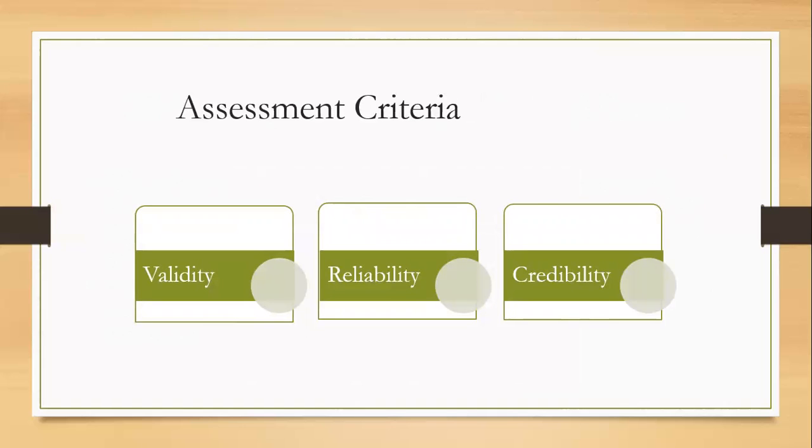So in assessing the article, I utilized three prongs: validity, reliability, and credibility. Validity itself refers to the degree to which a measuring tool is able to capture accurate data, and it can be external or internal. Internal refers to its accuracy in capturing the data, and external refers to its transferability, meaning how well the information I've captured can be applied to a general population.